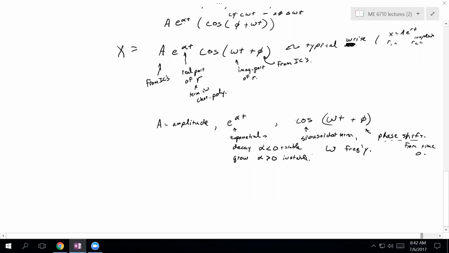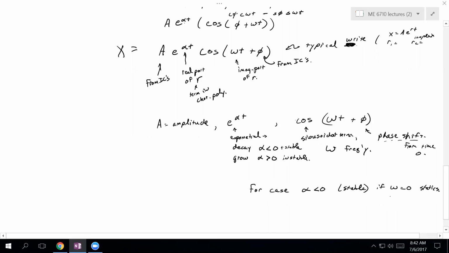And if we look at the frequency, so for the case of alpha less than 0, which is a stable dynamic case, if omega is 0, which seems kind of odd, that'd just be a 0 term. I've just got a flat line. That's statics.